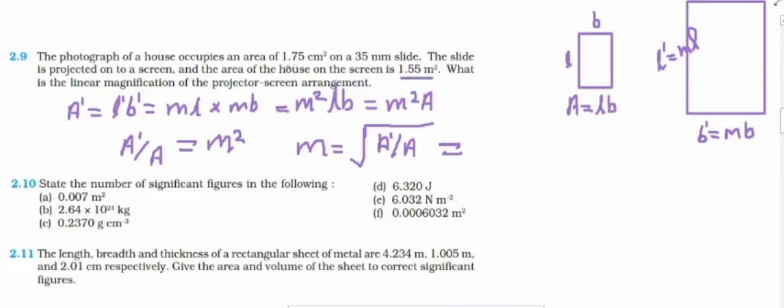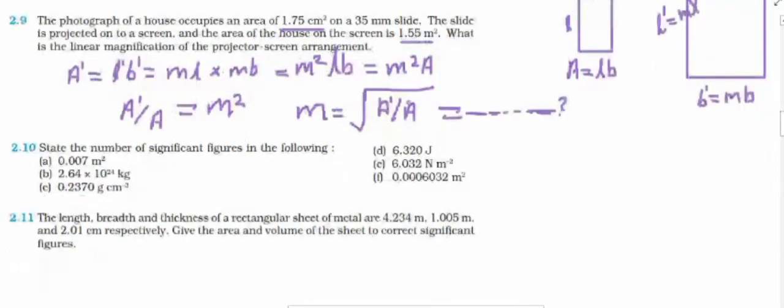The size of the object A is given as 1.75 centimeter square, which you need to convert into meter before substituting in the equation. And using the formula, you can calculate the value of linear magnification.